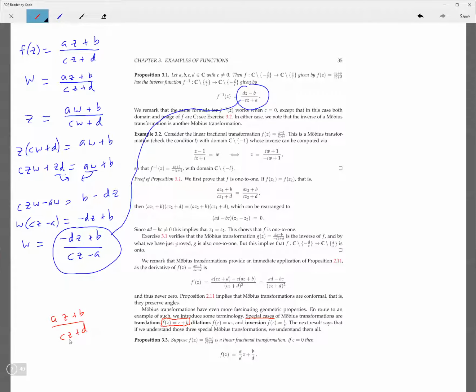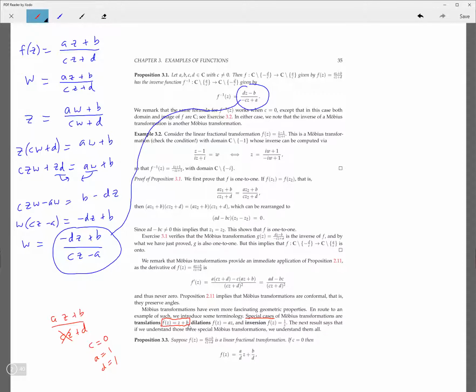Now this is a special case because if you set c equal to 0 and a and d both equal to 1, then you're dividing by 1, and you just have z plus b, right?